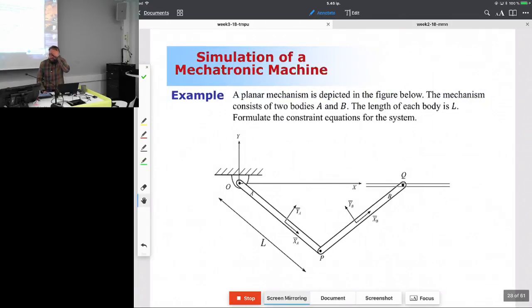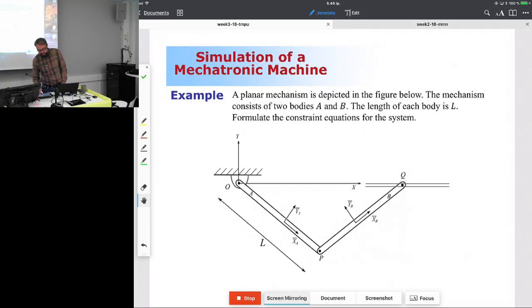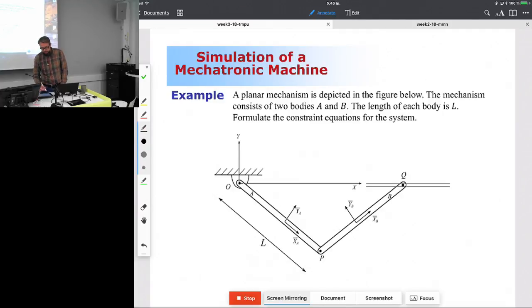Then let's practice this. So I have two bodies that can move with respect to each other. There is a body A and body B, and they are constrained in such a way that body A is constrained to ground via a revolute joint, and then body A and B are constrained together via a revolute joint at a point P, and then here at point Q I have a primitive joint.